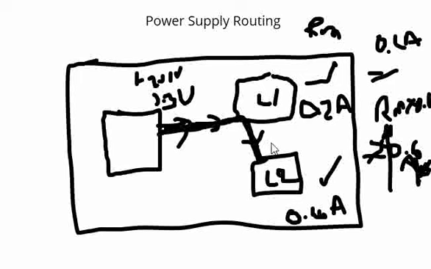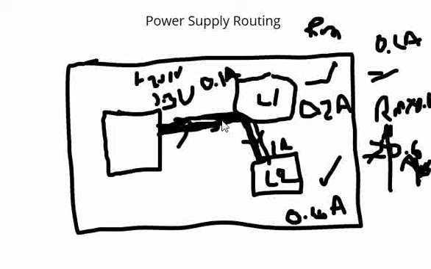Now, let us assume this is 1 amp current and 0.1 amp current, then ultimately we have to route a trace such that the trace at least carries 1 amp current, and ultimately the load 1 also has to handle the 1 amp current.